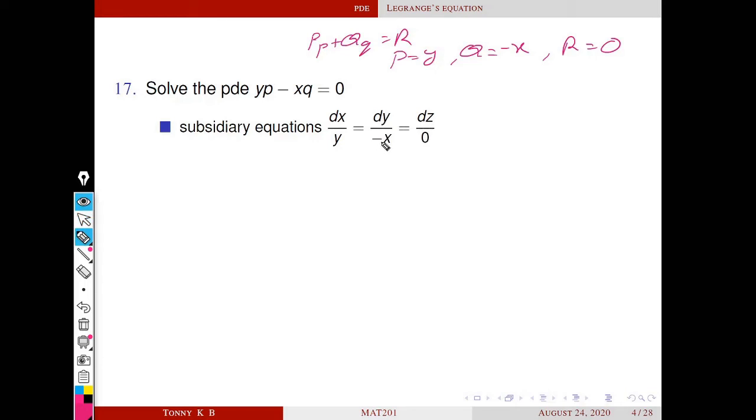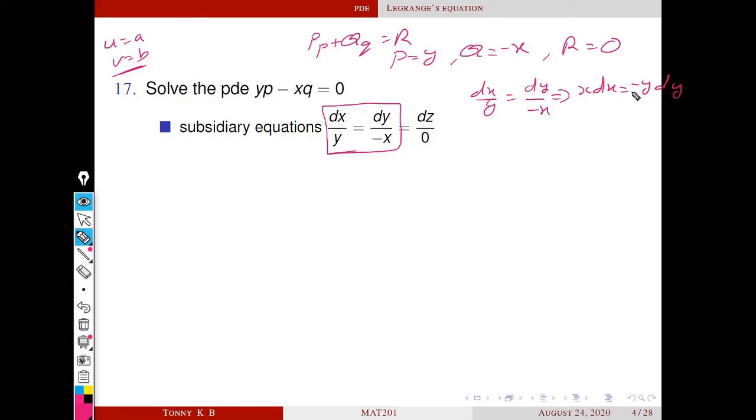Next we have to find two solutions, u equal to some a and v equal to b, from these subsidiary equations. For that, first we consider the first two ratios. So the first two ratios imply dx by y is equal to dy by minus x. You can separate the variables. So this implies x dx is equal to minus y dy. Then integrate on both sides because now it is integrable.